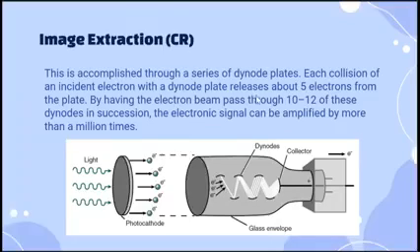By having the electron beam pass through 10 to 12 of these dynodes in succession, the electronic signal can be amplified by more than 1,000,000 times. So this small electronic signal produced by the photocathode is then amplified by the dynodes.